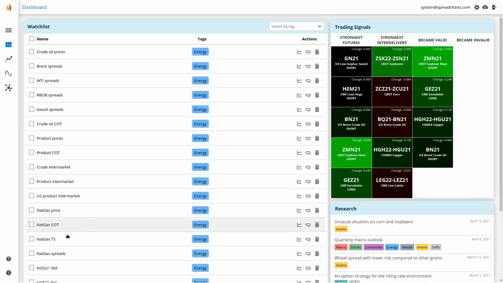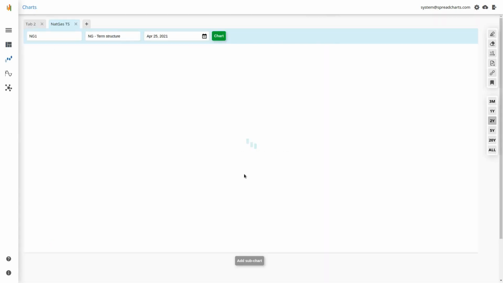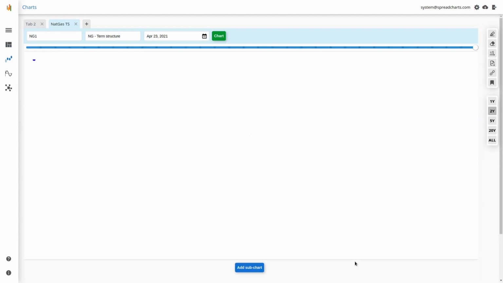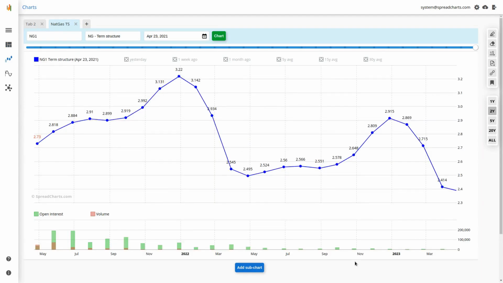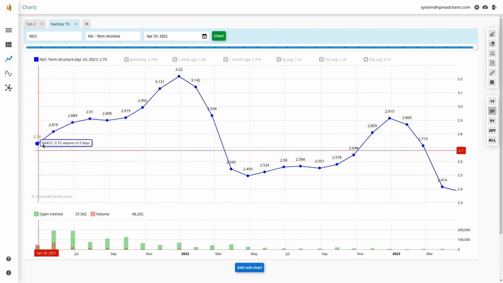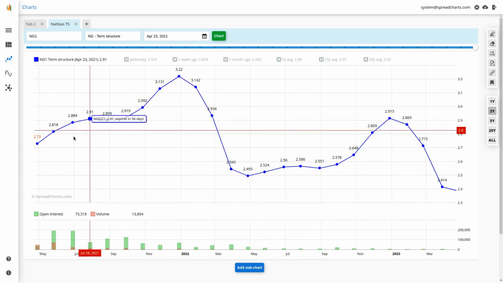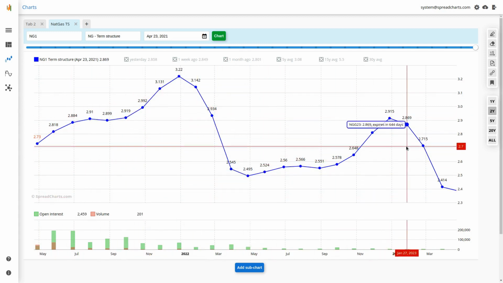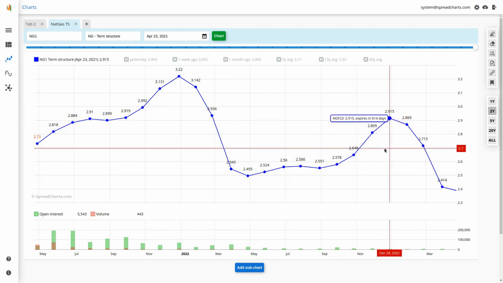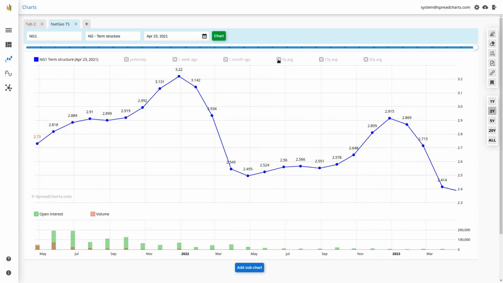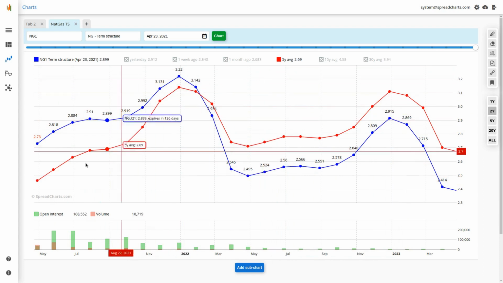So let's start with this chart, which is term structure for natural gas. And the important thing is not the curve itself, but also the comparison between the current term structure and the historical curve. Therefore, I will show you, for example, this one.